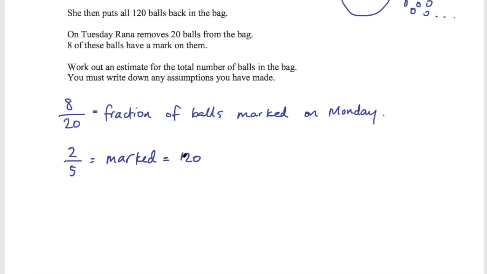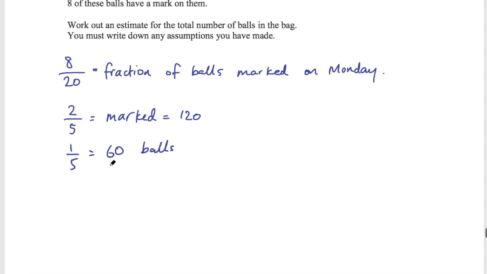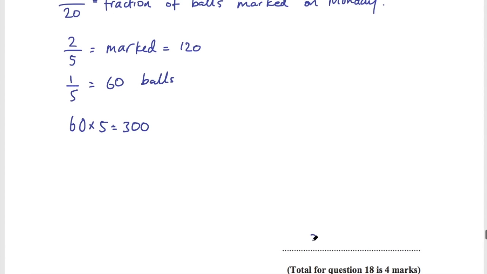So if 2/5 of the balls equals 120, to work out the total number, we can work out 1/5. So if we divide both of those by 2, 1/5 will be 60 balls. So I know that 1/5 of the balls equals 60. So then, well, the total number must be 5 times 60. So 60 times 5, that equals 300. So there are 300 balls in the bag.